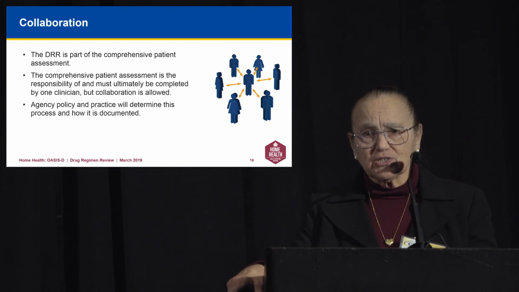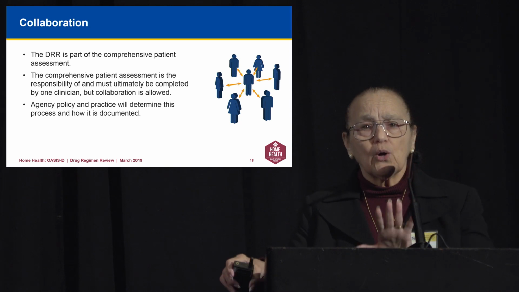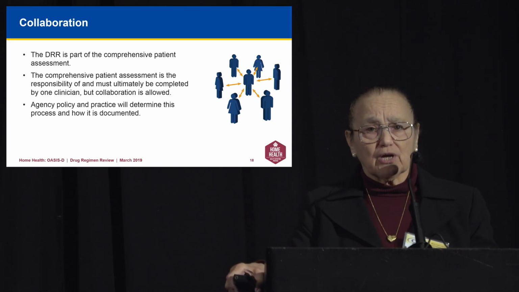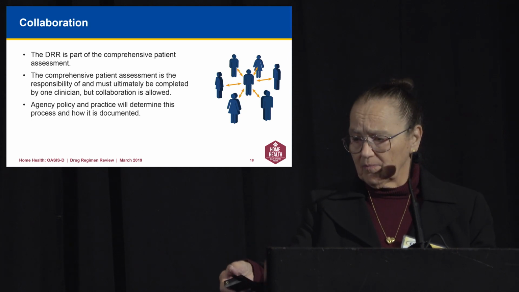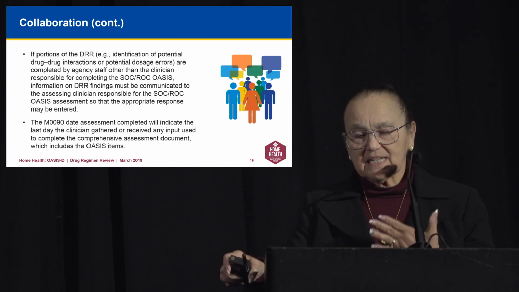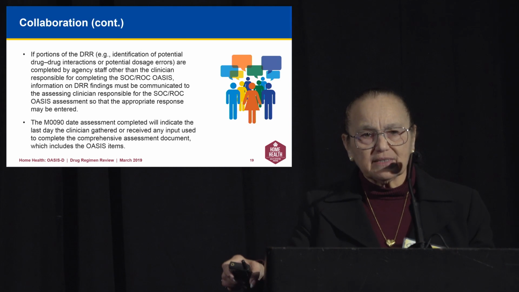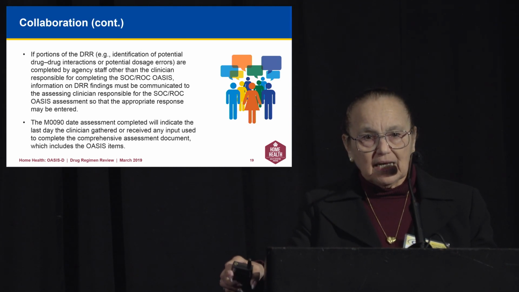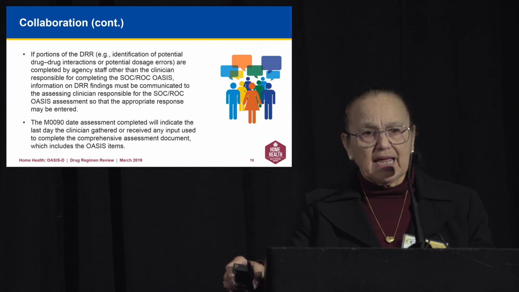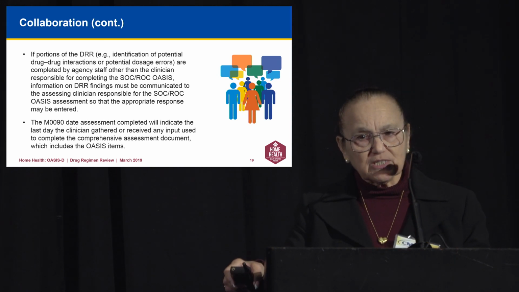And that's where you need to look for it, and then you need to do whatever you need to do to codify that in policy and documentation practice. That's the reason why we're not going into who can or cannot do what pieces. It varies from state to state by discipline, so you need to research that.